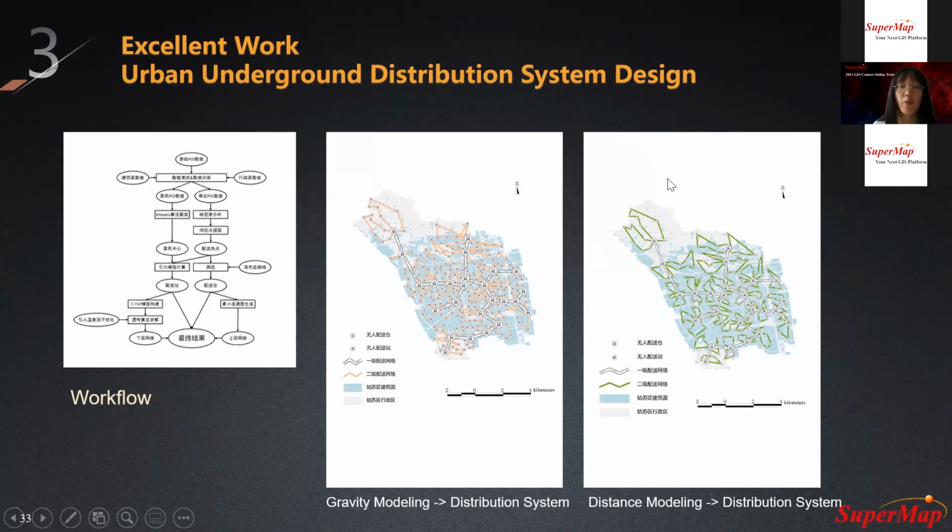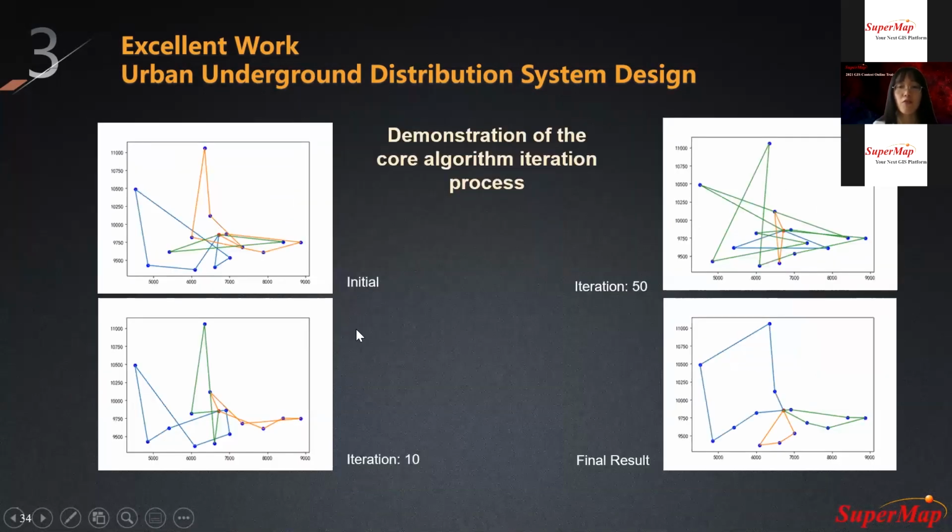So in the report, they included their process of iteration for both of the two models, and to justify why they chose the one they used to finally design the distribution system.